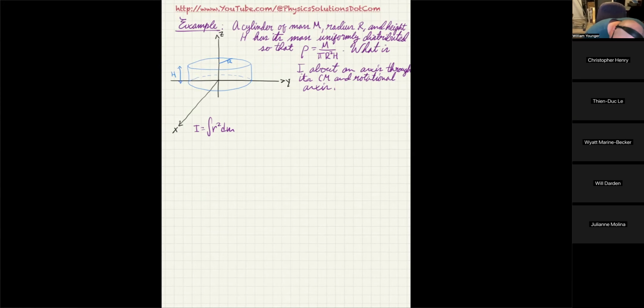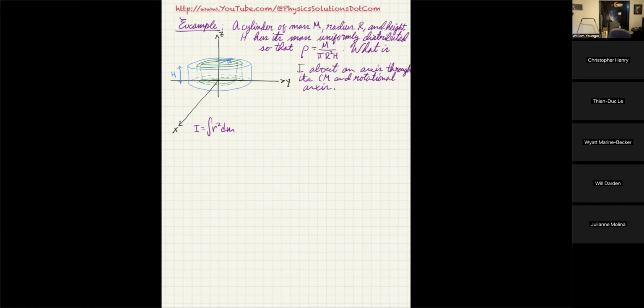So because of that, the best one to use for a differential mass element, at least if we're only restricting ourselves to single integrals, is basically a loop like this that then comes down to here like this, and this goes like that, and then inside of here goes up to there.